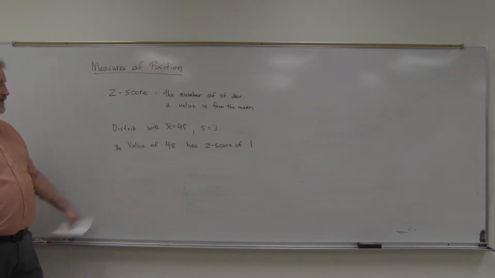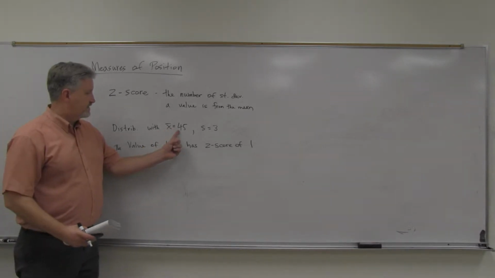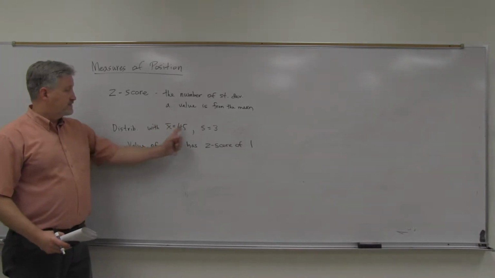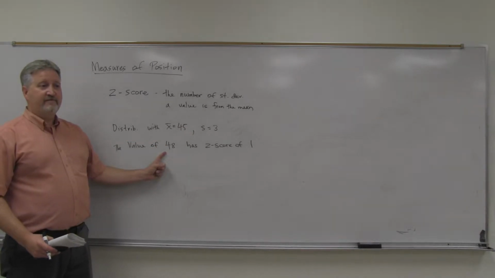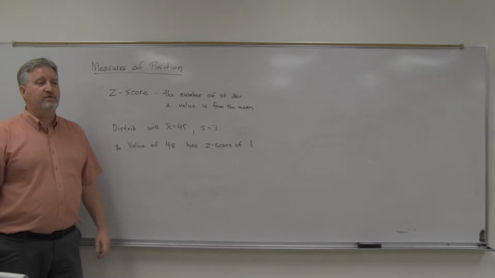The value 48 for this particular example would have a z-score of 1 because notice, mean is 45, and so 48 is one standard deviation, right? If I add one standard deviation to 45, I've got 48. So that means that 48 has a z-score of 1.